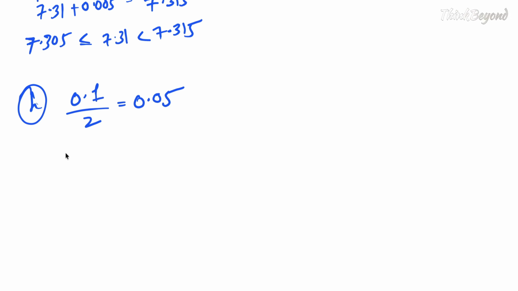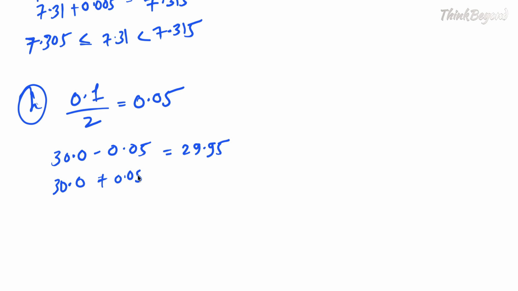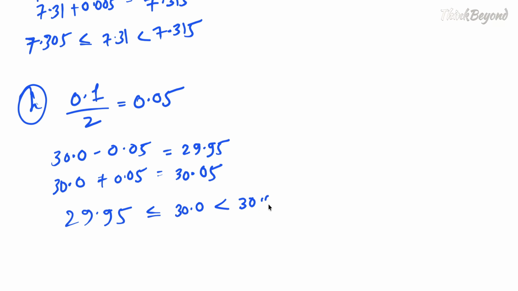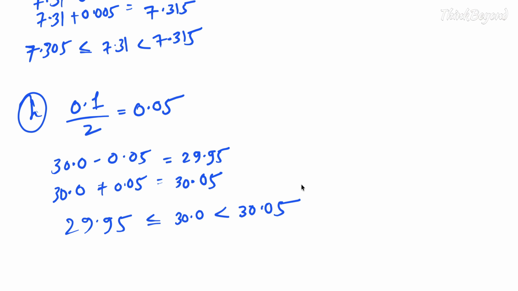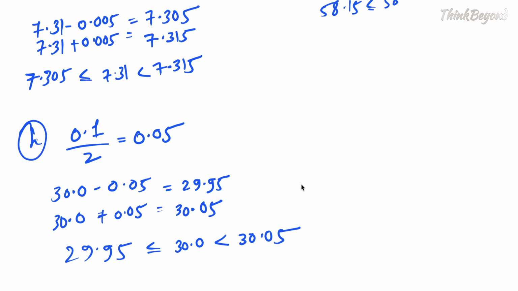So 30.0 minus 0.05 will give you 29.95. 30.0 plus 0.05 gives you 30.05. So the inequality becomes 29.95 is less than or equal to 30.0, which is less than 30.05. So we are done with question 2 also. If you want to note down the solution, you can stop the video and note it down.